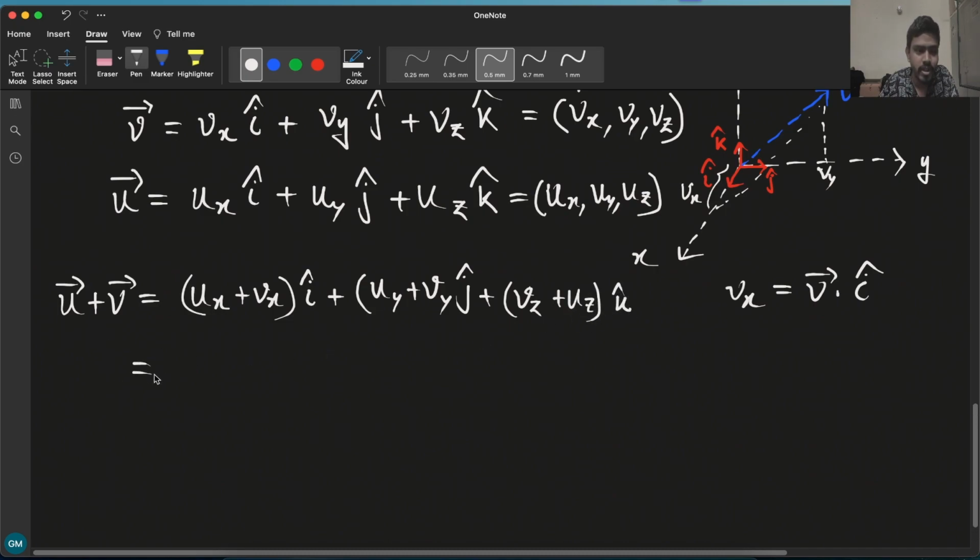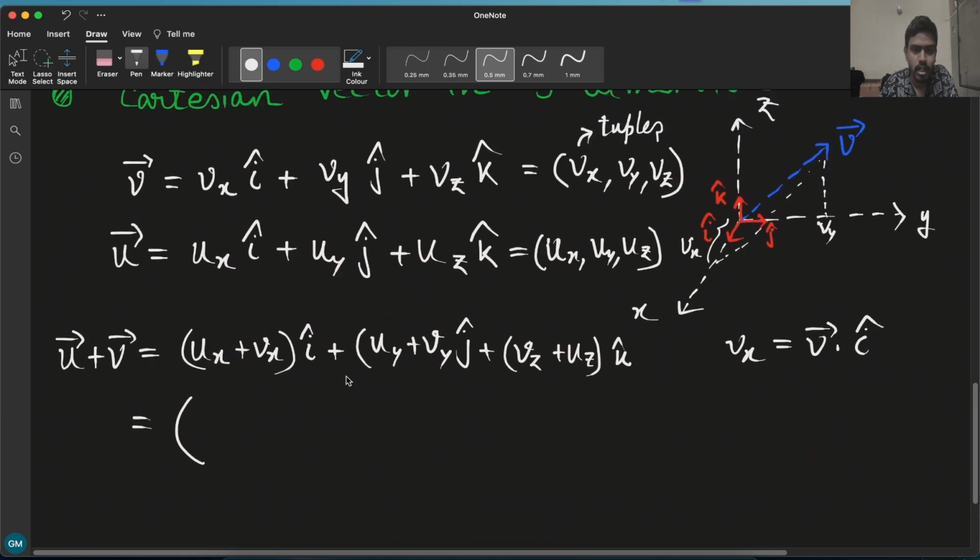And if I want to write it in tuple form, it will be Vx plus ux, and this will be the first component. So these tuples get added: Vx gets added with ux, Vy gets added with uy.